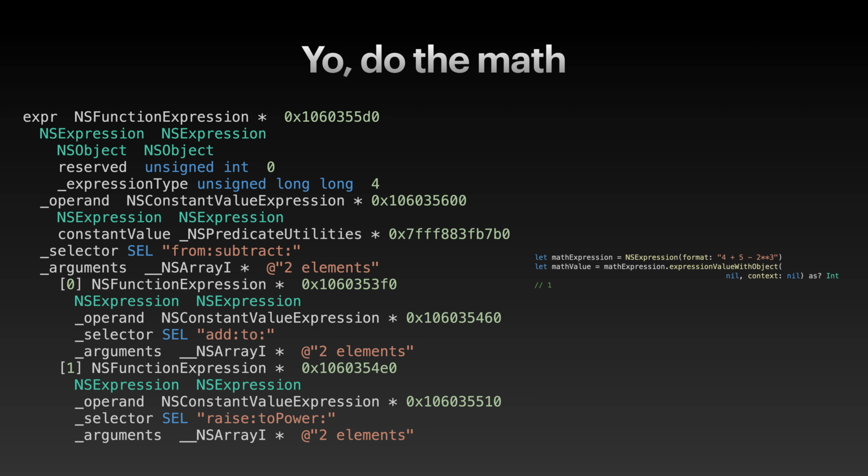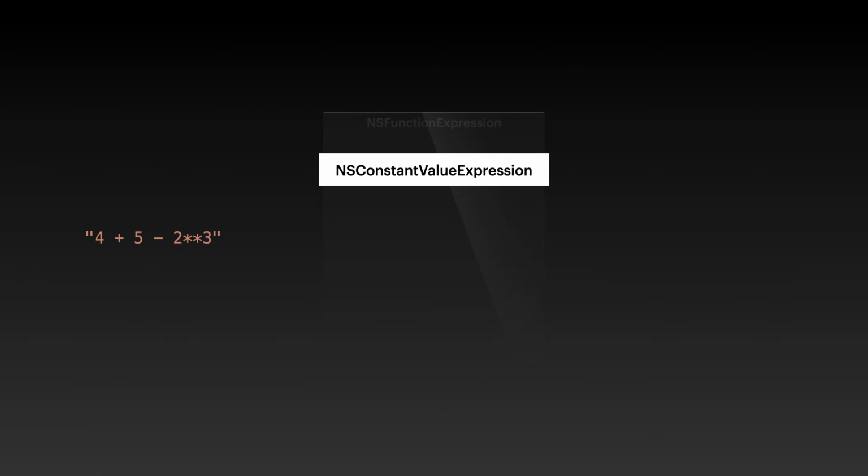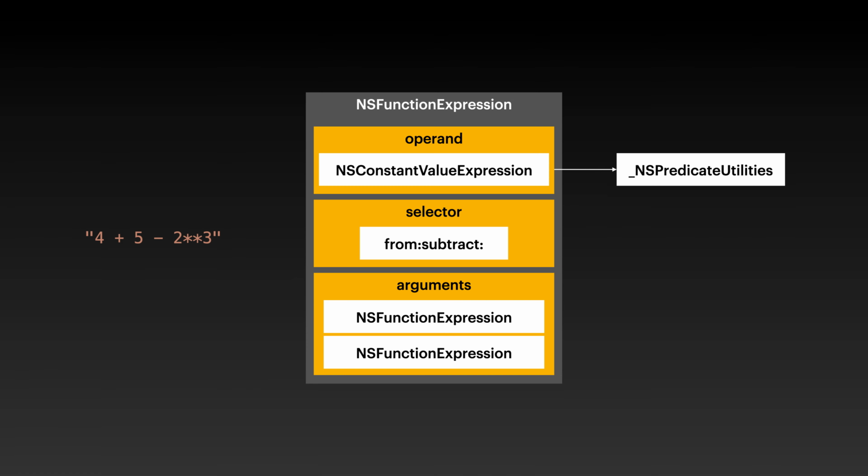This expression is going to be translated to this abstract syntax tree representation. We can see that some of the operators are translated to function invocations, performed on this NSPredicateUtilities class.